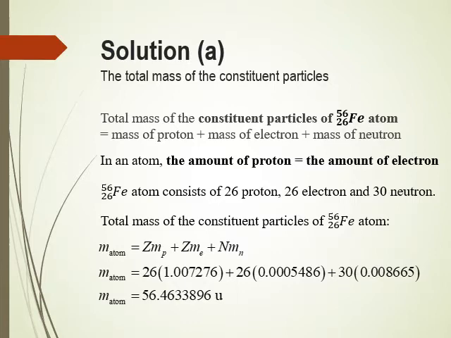Substitute the values into the equation. I now have M atom equals 56.4633896 u. The final answer should be in terms of u because the information given in the question is in terms of u, not kg.